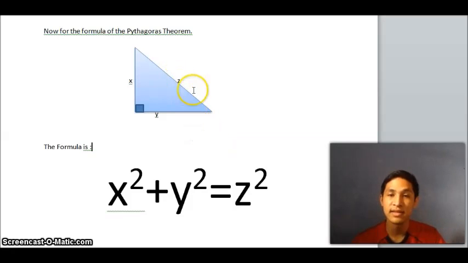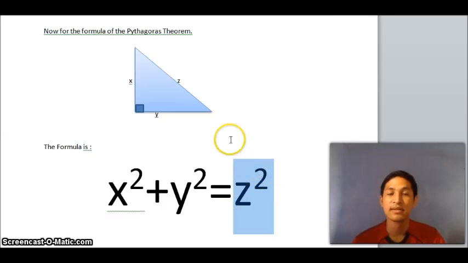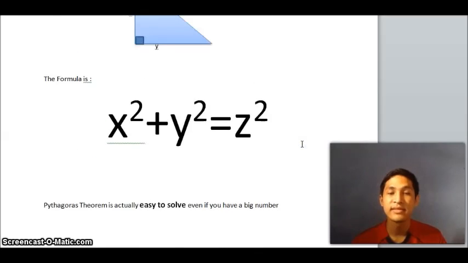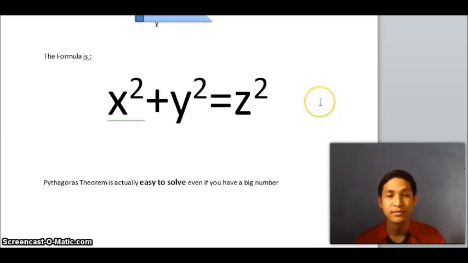The hypotenuse is z, so z square. The Pythagoras theorem is easy to solve even if you have a big number within the question.